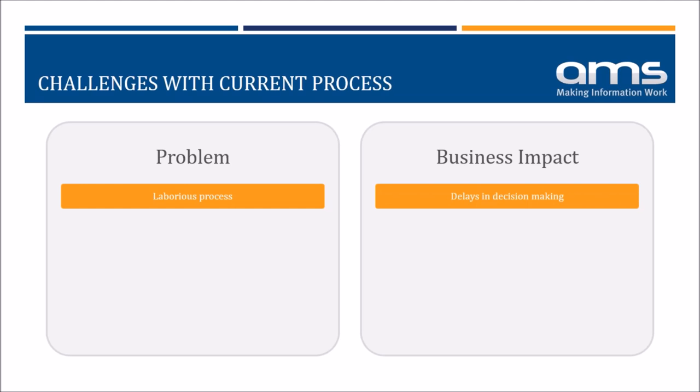Of course, the knock-on effect of this really is delays in decision making. Now, if you've got a delay in decision making, there's another knock-on effect here. Some industries we deal with, what you'll find is that if the positions are competitive, the delay in decision making could mean that the employee that you really want does get a job offer in the meantime elsewhere.